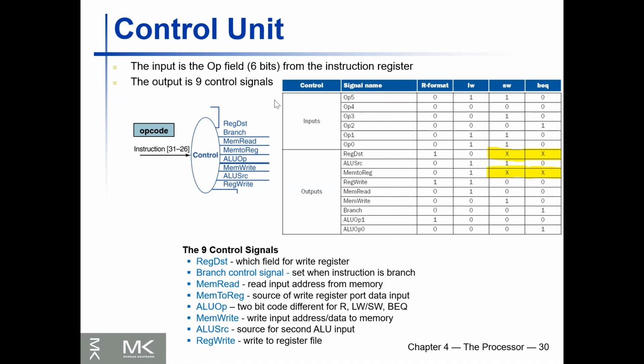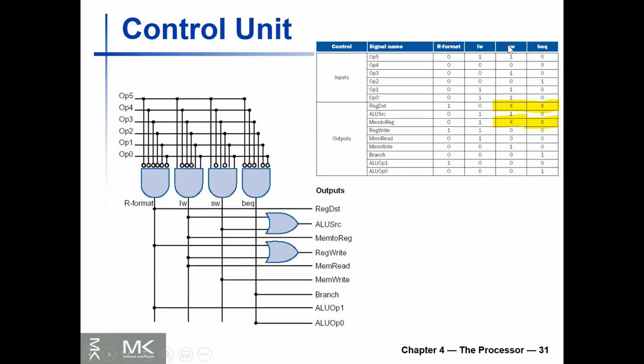And what is next? Okay, guys. This is basically the control unit. Now you will see how it is implemented, and how the control unit generates these 9 control signals. You can just have a look here. These are the opcode, 6-bit opcode, girls, which comes here. Then we have AND gates, inverted AND gates. R format is generated from here.